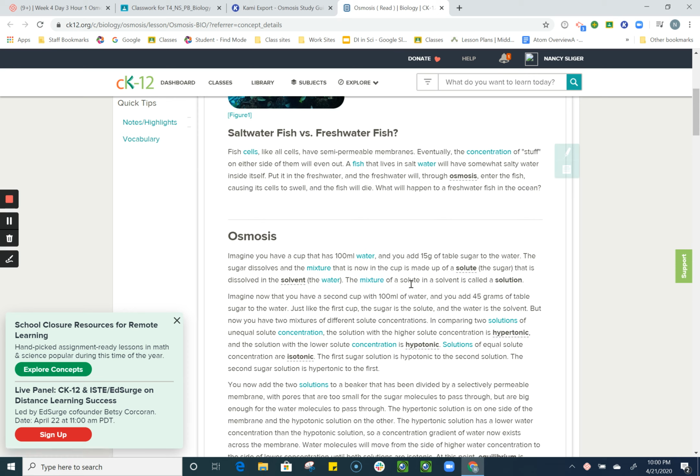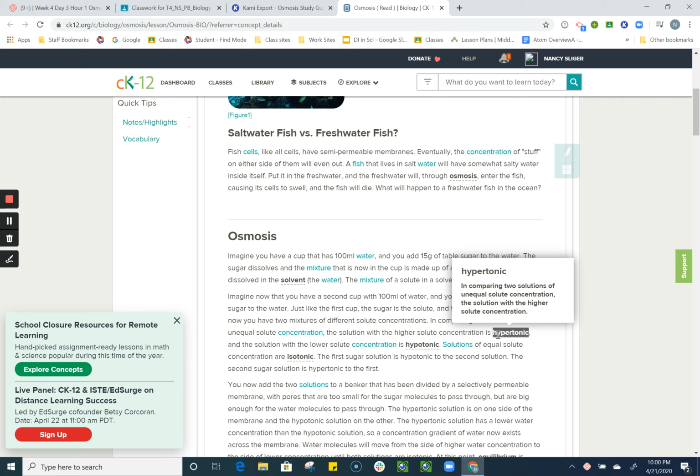And the mixture of a solute and a solvent is called a solution. We kind of talked about that when we talked about mixtures and solutions and colloids and so forth. And they're going to discuss hypertonic, hypotonic, isotonic. So if you get confused, you can go to this worksheet because you have access to it. And if you open up the CK12, it goes over these definitions with you.